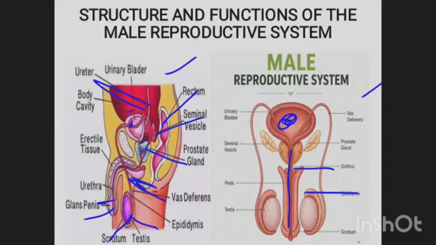The epididymis is responsible for sperm production, which you're going to see. Here is your testis, and this one that is here is called your penis. All right. So we're going to look at the function of all this in the next slide.